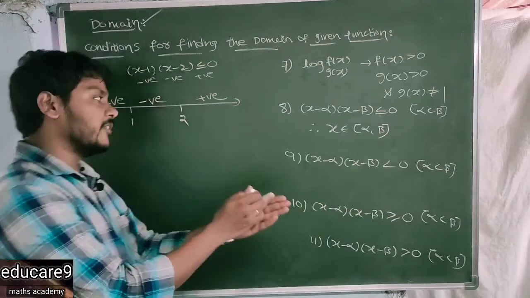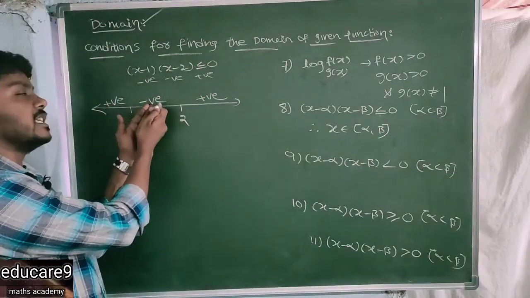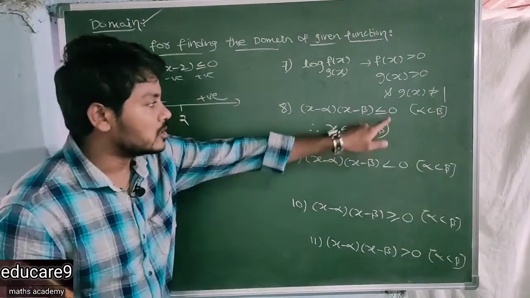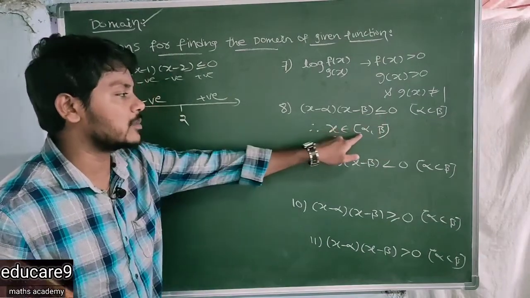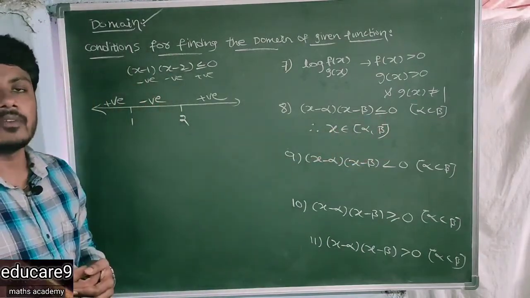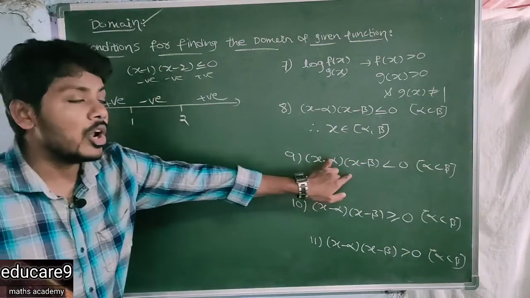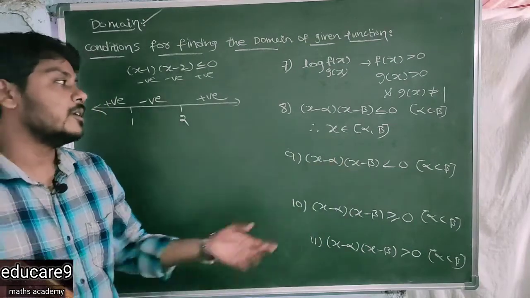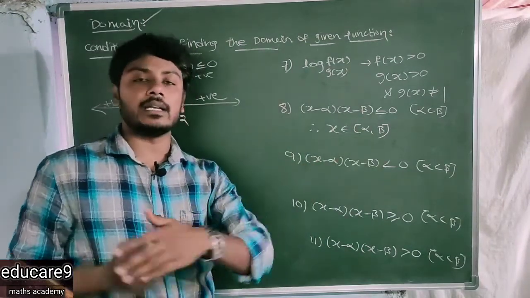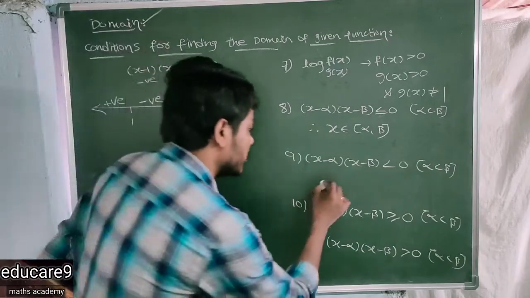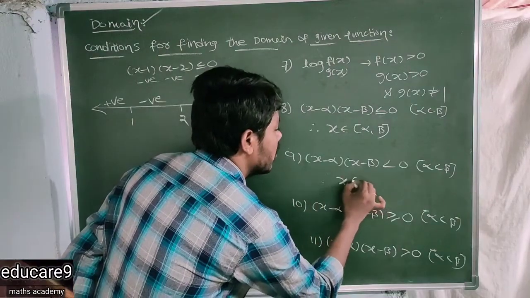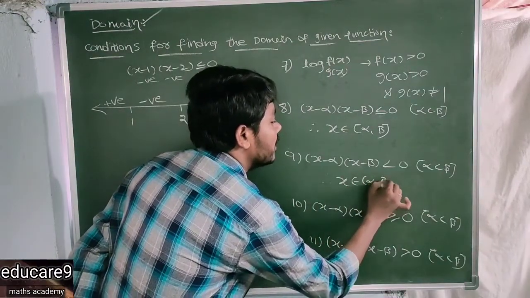In that interval the expression is negative. Now for only less than 0, alpha and beta are not included. So in that case x belongs to the open interval alpha comma beta.